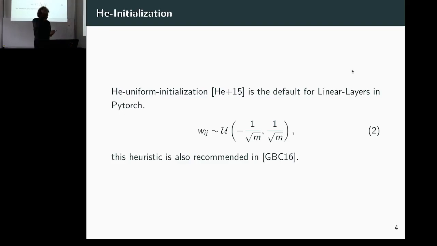Right, so then the so-called He initialization, which you're also likely to see, is a simplification of the Glorot one. They simply drop the n here. And this is the default in PyTorch. We're using JAX, and the JAX default is coming.